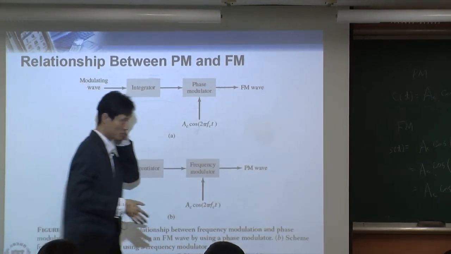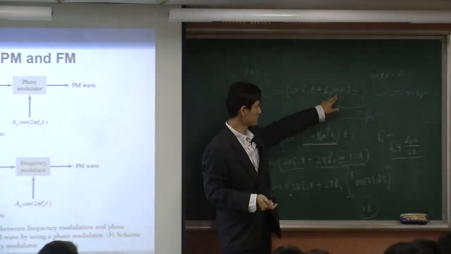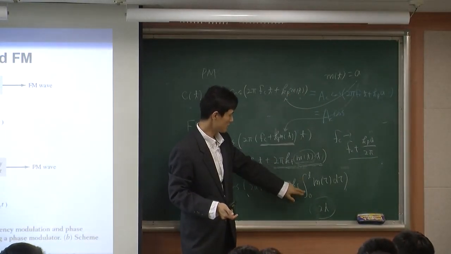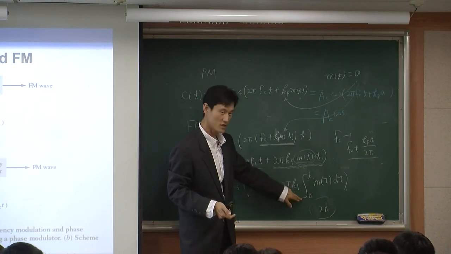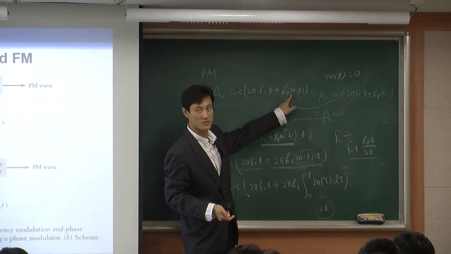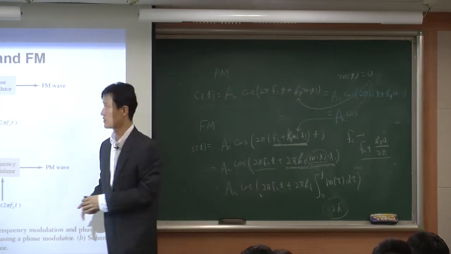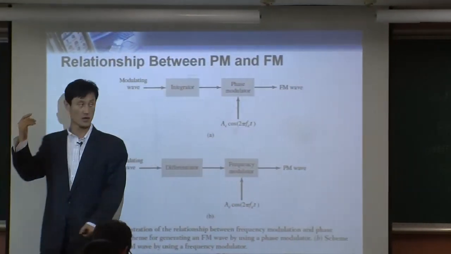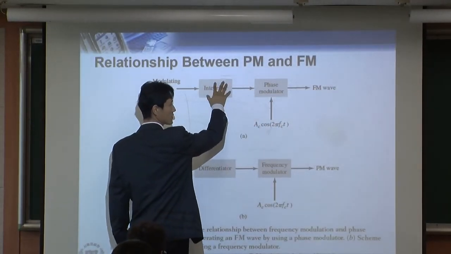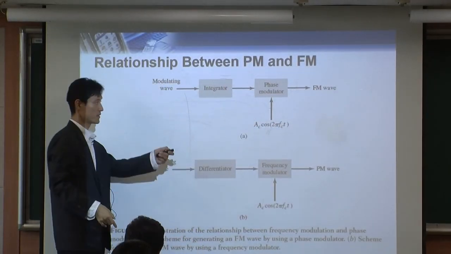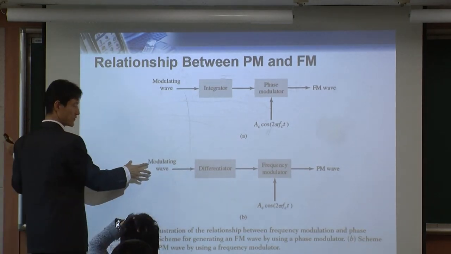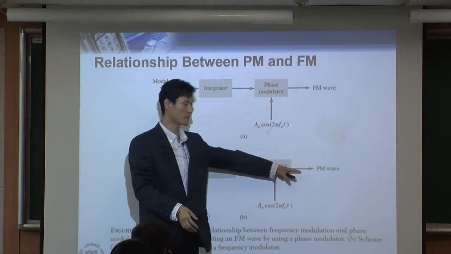Okay? Because look at here, the original PM and FM, the only difference is that in the FM you do integration. Instead, in the PM, you don't have integration, right? That's the only difference. So put this PM here, and then you do the integration, then eventually you can get FM.